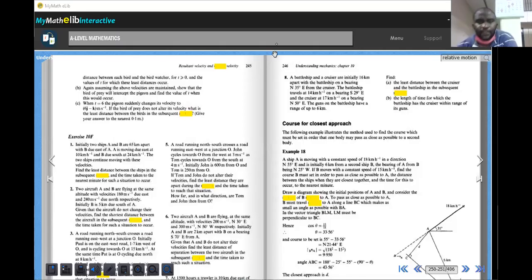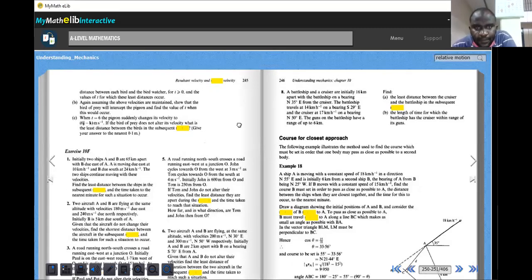I'm sharing Understanding Mechanics. Here we are. So this is my question. I'm also going to take a screenshot because I will need it.